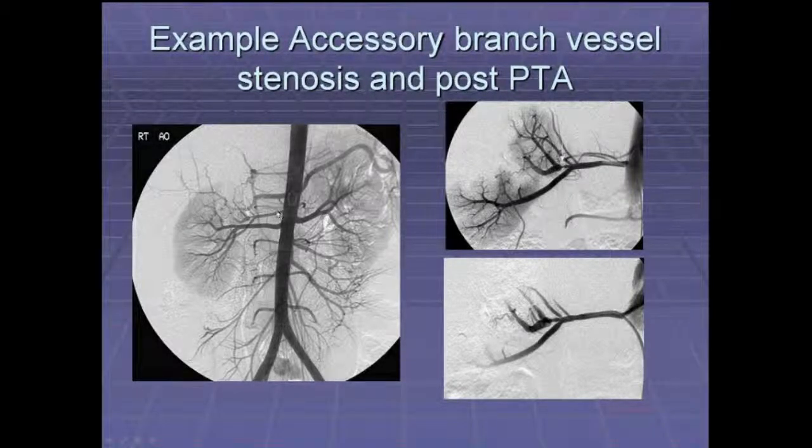We see that there's an accessory renal artery, delayed perfusion of the upper pole. We select it out. You see that there's a high-grade stenosis of a branch vessel of an accessory renal artery, before and after. And you go, well, Dr. Vo, there's still narrowing there. Well, remember, I'm not dilating it to the post-stenotic dilatation. This is post-stenotic dilatation. I want to dilate it to the size of the expected vessel.